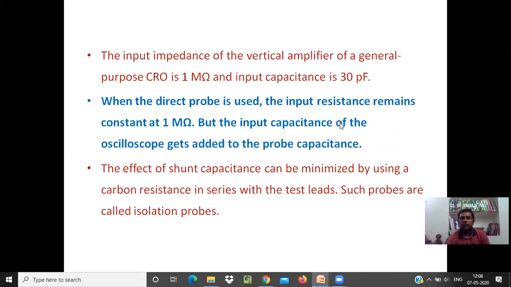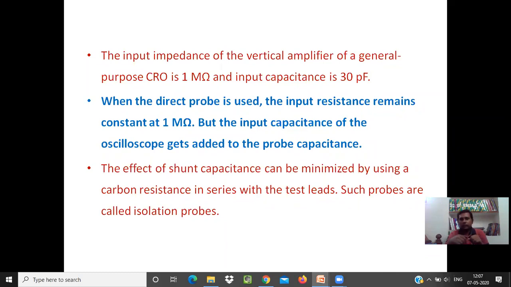But the input capacitance of the oscilloscope gets added to the probe capacitance. Some additional capacitance is going to add with the CRO capacitance. That makes some changes in the performance of the CRO.